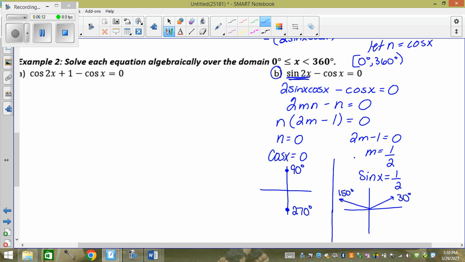An x. X equals what? 90, 270. What else? 30 and 150, and then box it. I usually write them in order, but it doesn't matter.